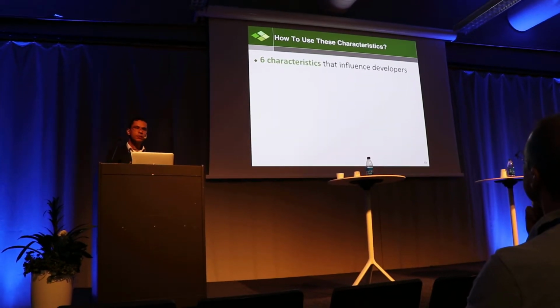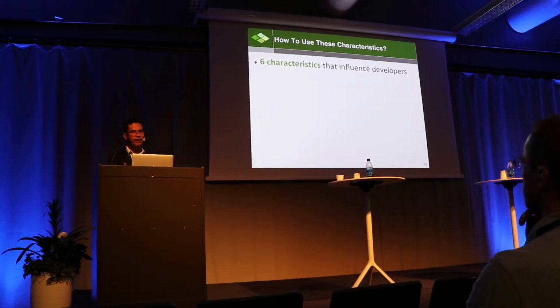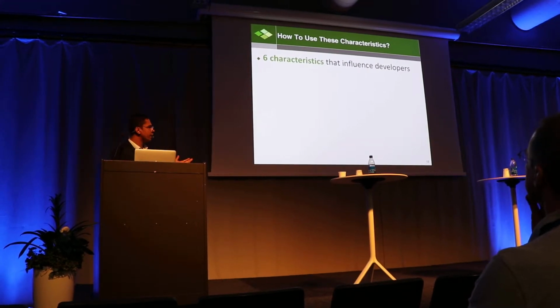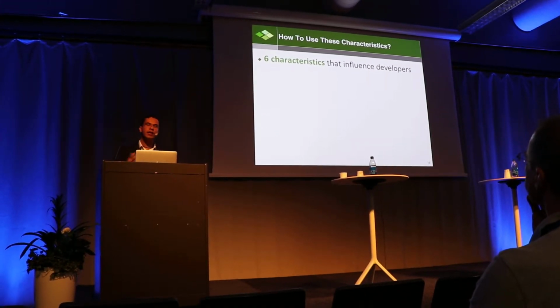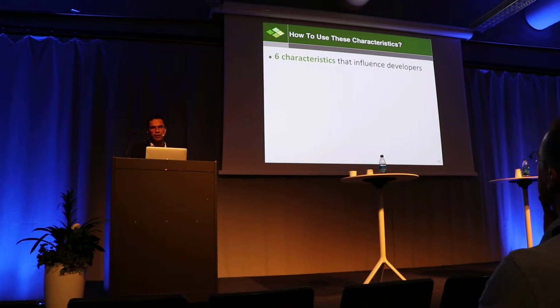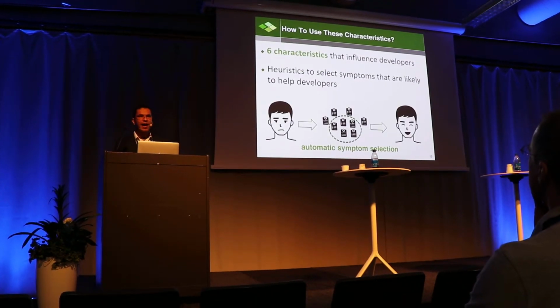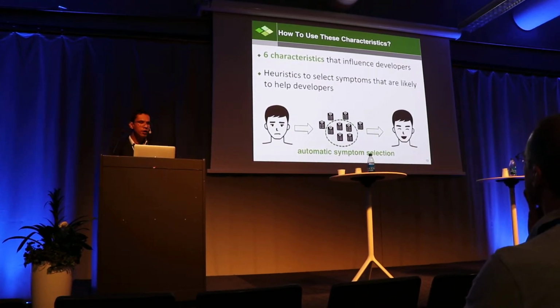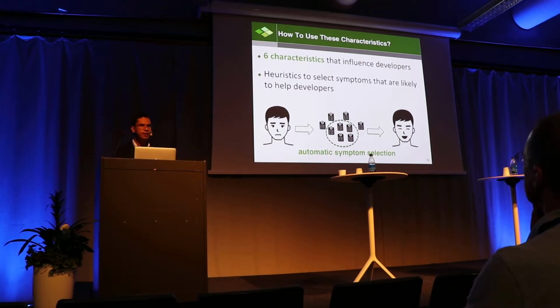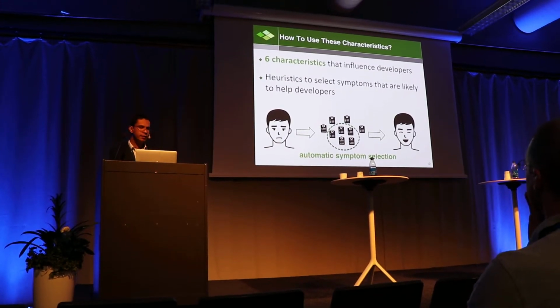So it was a really nice result to find these characteristics, as I mentioned, 6 of them, and how they influence how developers analyze the source code. But a good result about this knowledge is how we can use it to improve the state of the art.